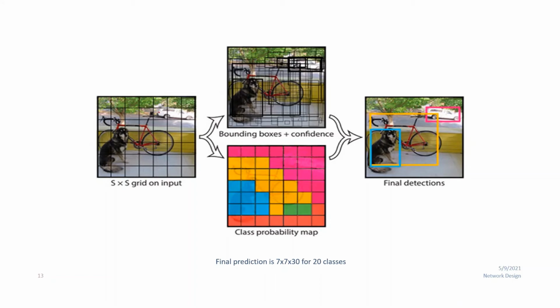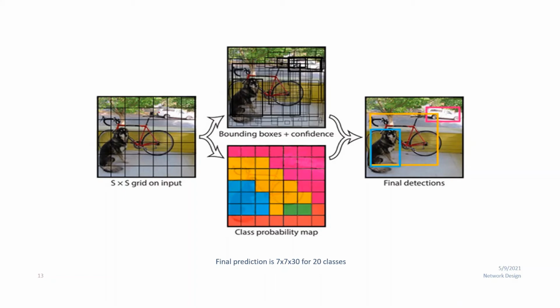To avoid these extra bounding boxes, they have used intersection over union and non-maximum suppression. First of all, they set a threshold on the intersection over union between the predicted box and the ground truth box, let's say 0.6.